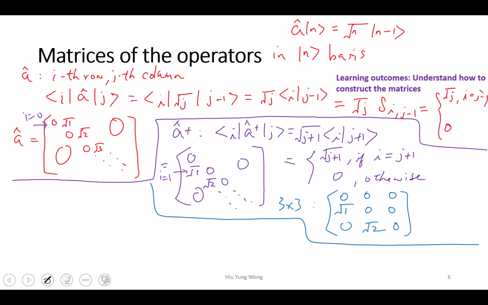Right, it's a little bit messy. I call this 1. This is 2. And then I want to talk about 3. No, the first row is i equal to 0. We start from 0, because the eigenvectors are 0, 1, 2, 3. For n, right, n goes from 0 here.